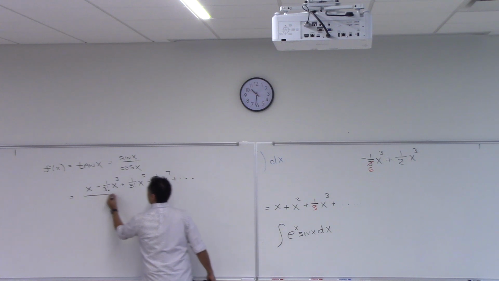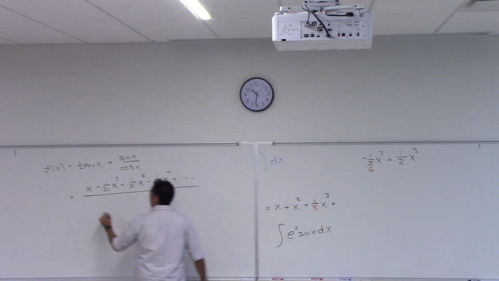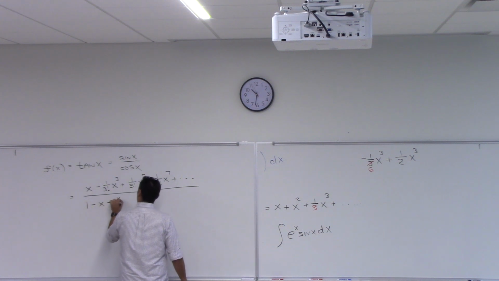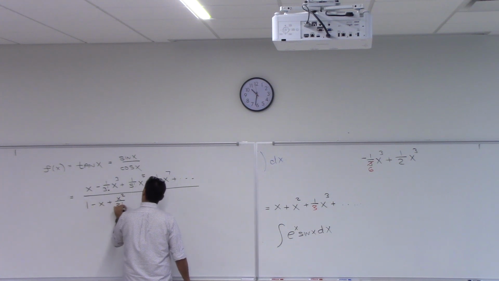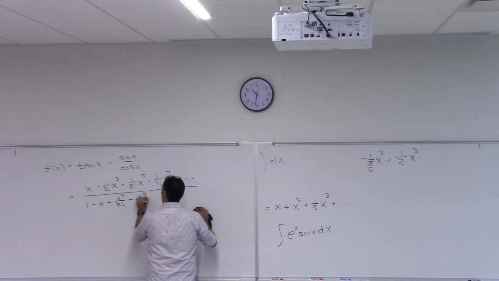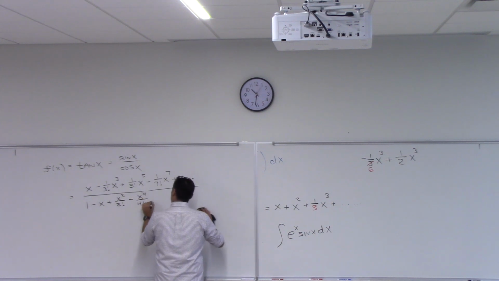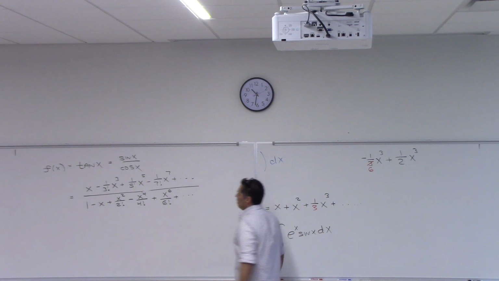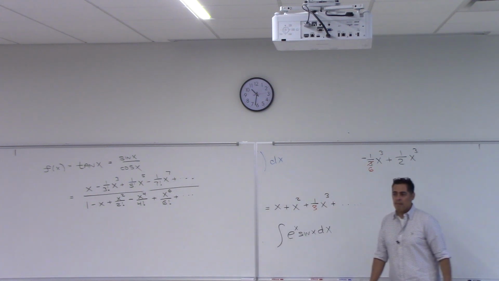Dividing it by the cosine, which is 1 minus x squared over 2 factorial plus x to the 4th over 4 factorial minus x to the 6th over 6 factorial plus dot, dot, dot. Right? That's sine over cosine.